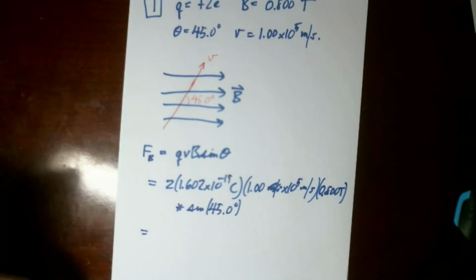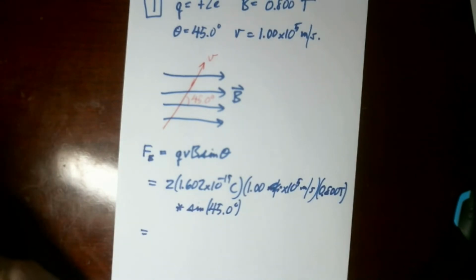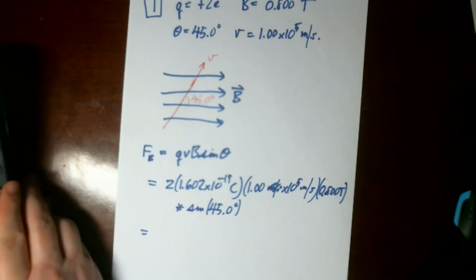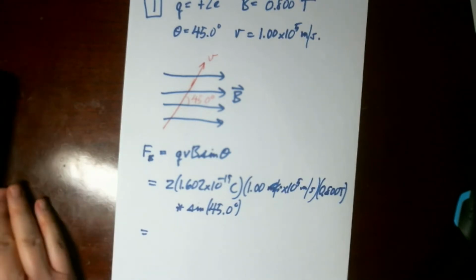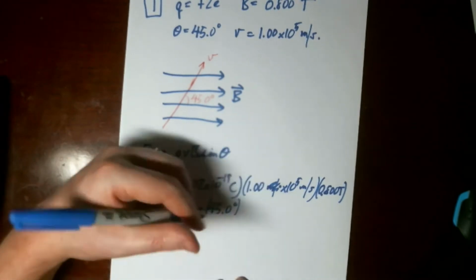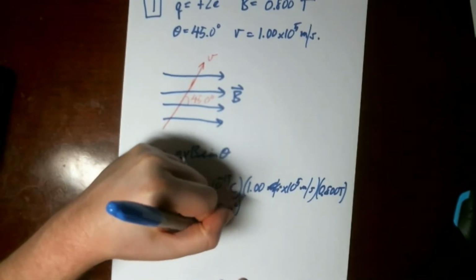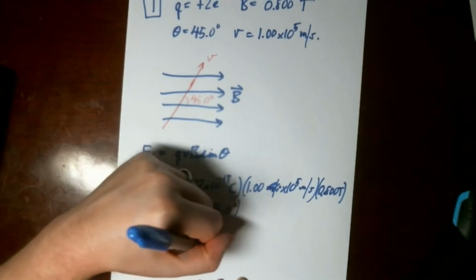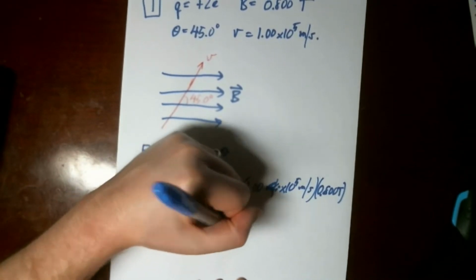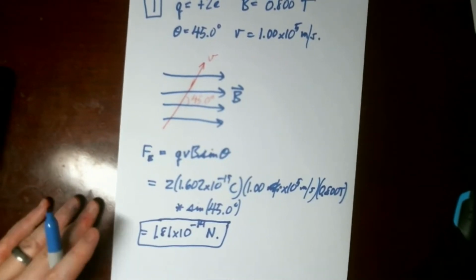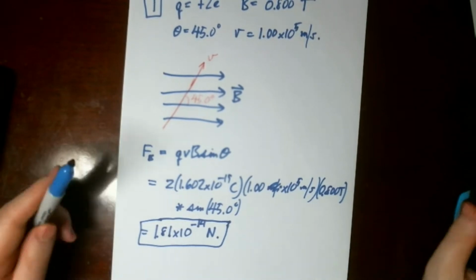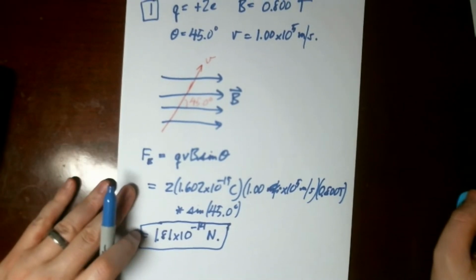So multiplying all that together, we should find that the force on the helium nucleus is 1.81 times 10 to the minus 14 newtons. Turns out it's a very small number. All right, that's number 1.